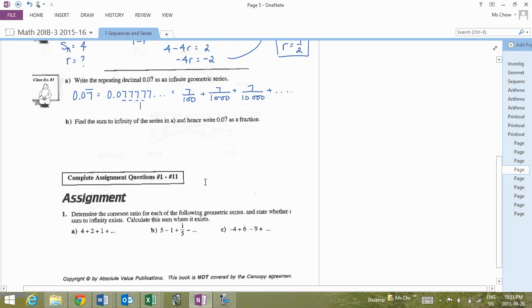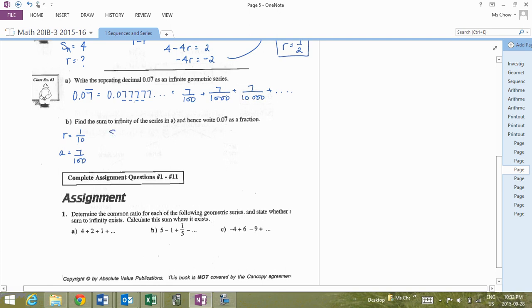So find the sum to infinity in a, and if we're looking at that, we want to consider what our common ratio is. So term 2 divided by term 1, we can see that we're multiplying by a common ratio of 1/10. So r is equal to 1/10, and a is equal to 7 hundredths.